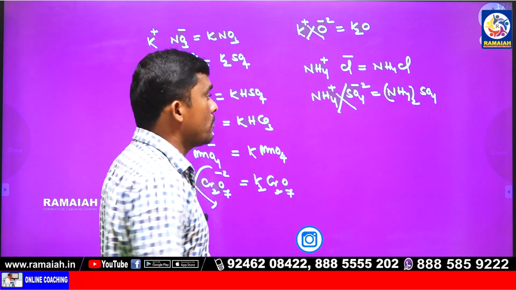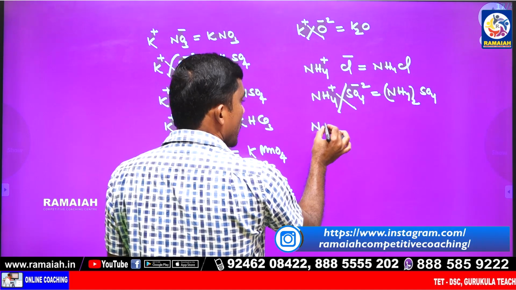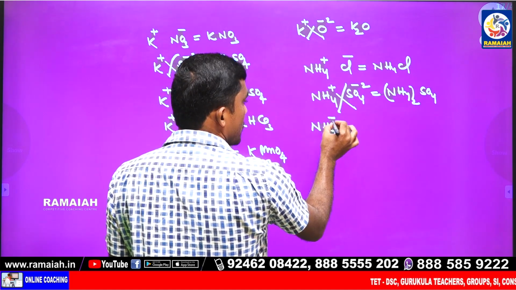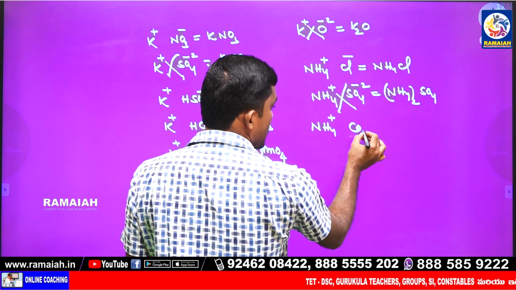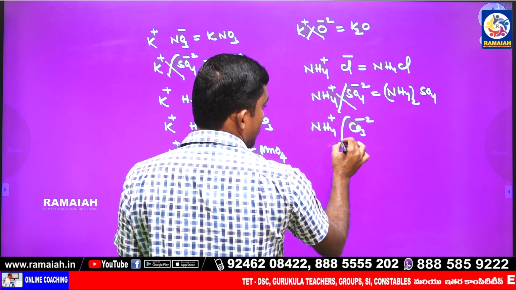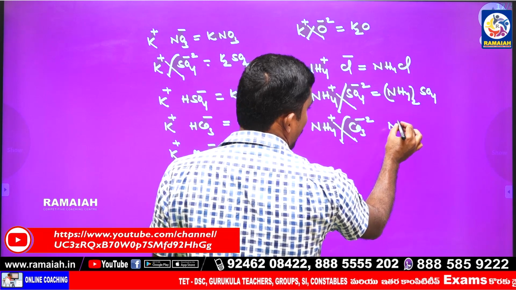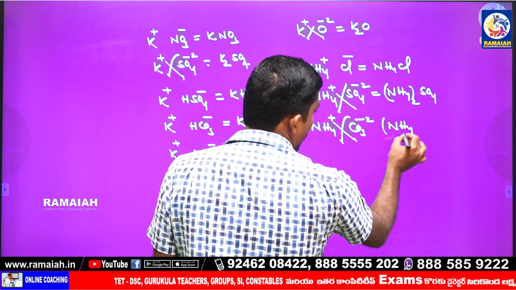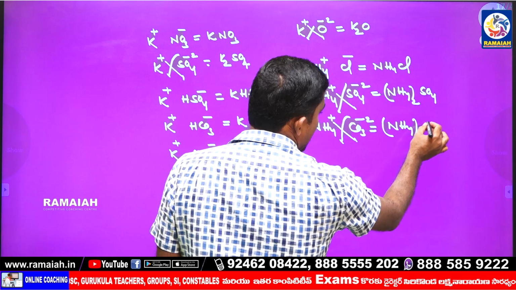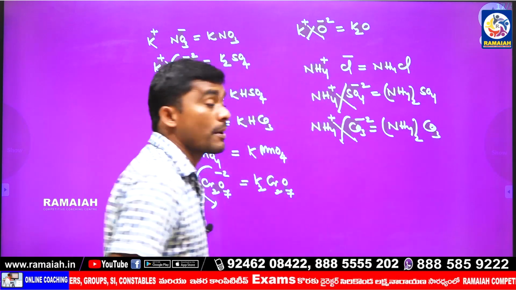Ammonium carbonate: ammonium NH4 plus, carbonate CO3 minus 2. Then the formula is NH4 taken twice CO3, ammonium carbonate.